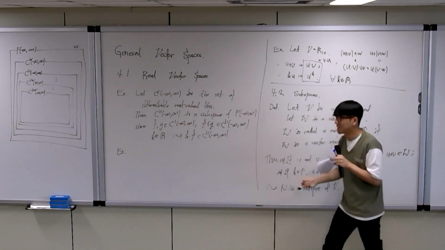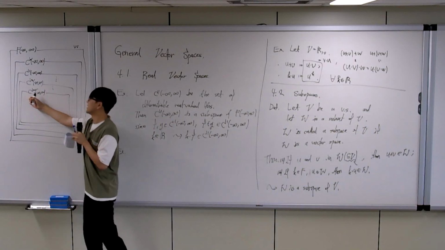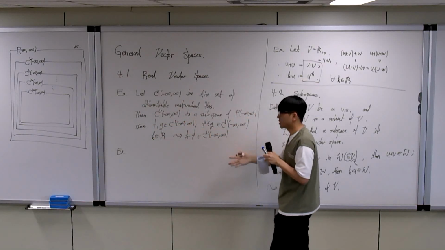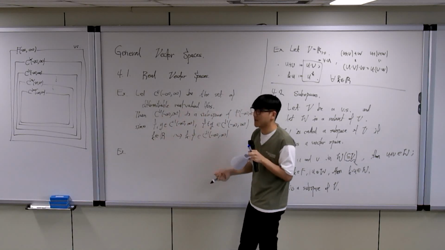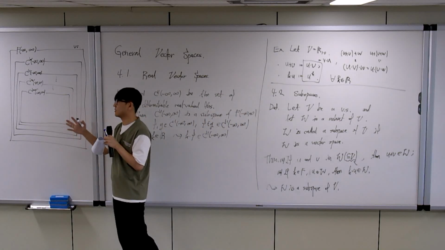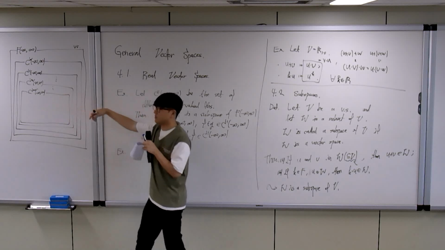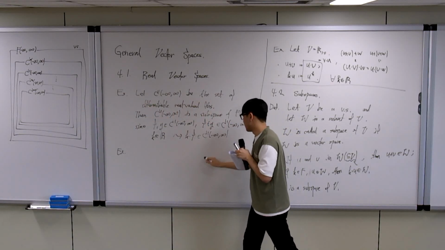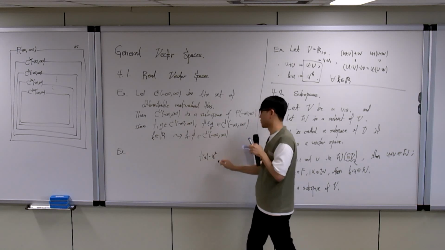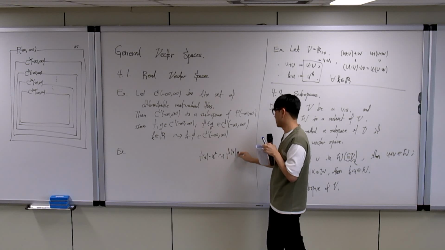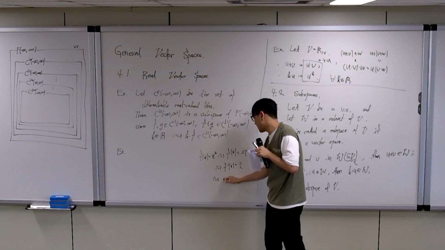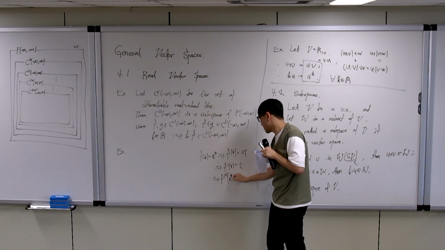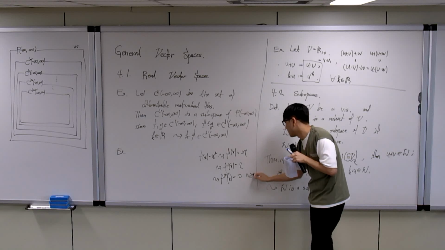In this space, you get polynomials, which can be differentiated infinitely many times, because if f of x is x squared, then f prime is 2x and f double prime is 2, and the n-th derivative is 0 for n larger than 2.